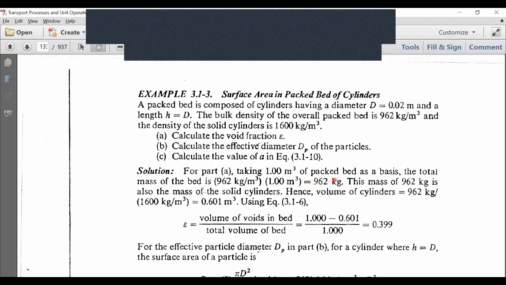Since this 962 kilogram is also the mass of the solid cylinder, with a density of 1,600 kilogram per cubic meter, we can find the volume of the cylinders by dividing the mass of the solid cylinder by its density. So it's 0.601 cubic meter.